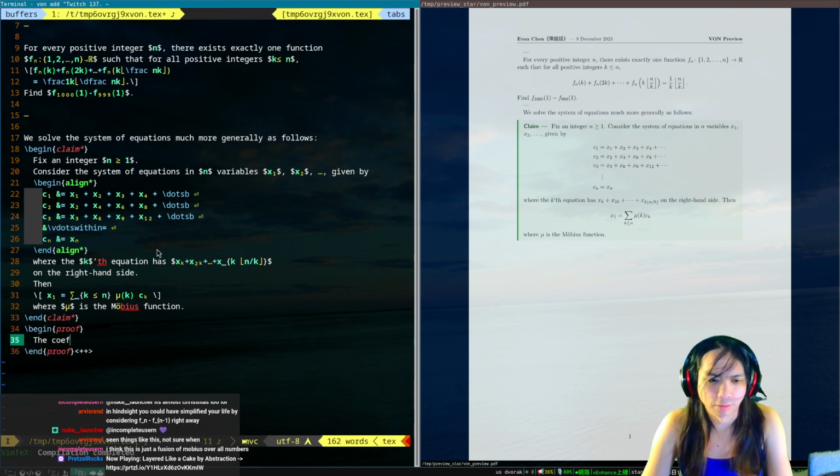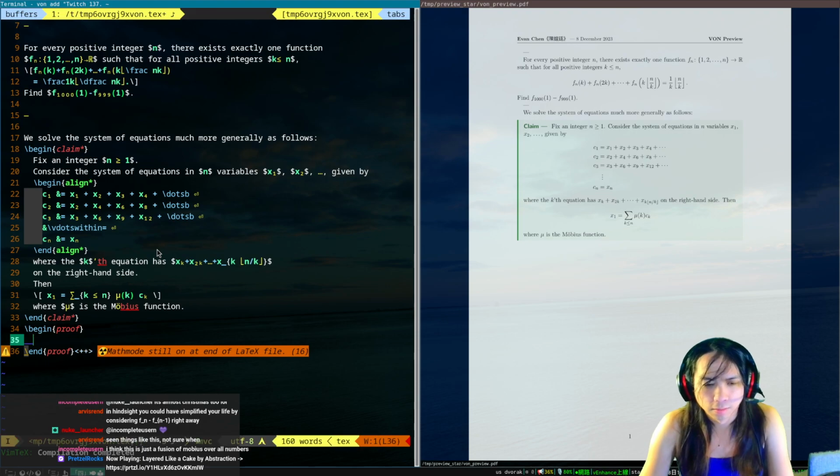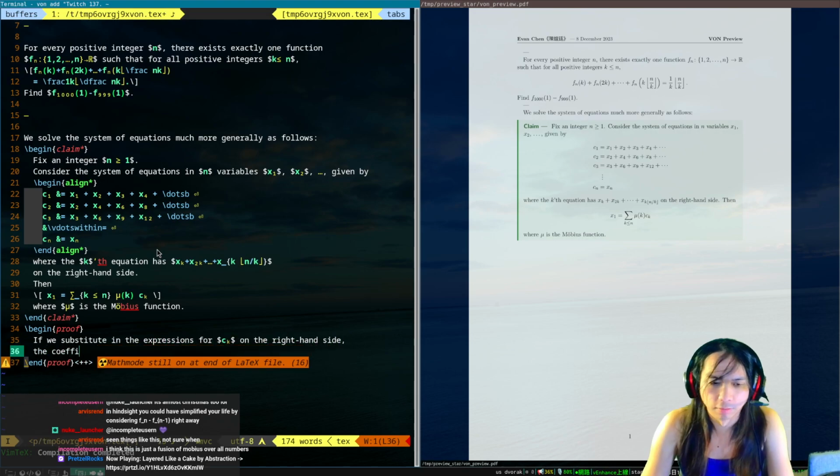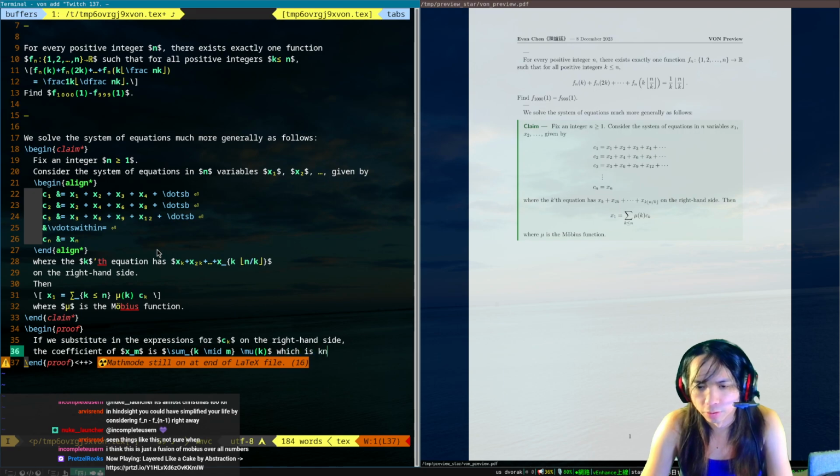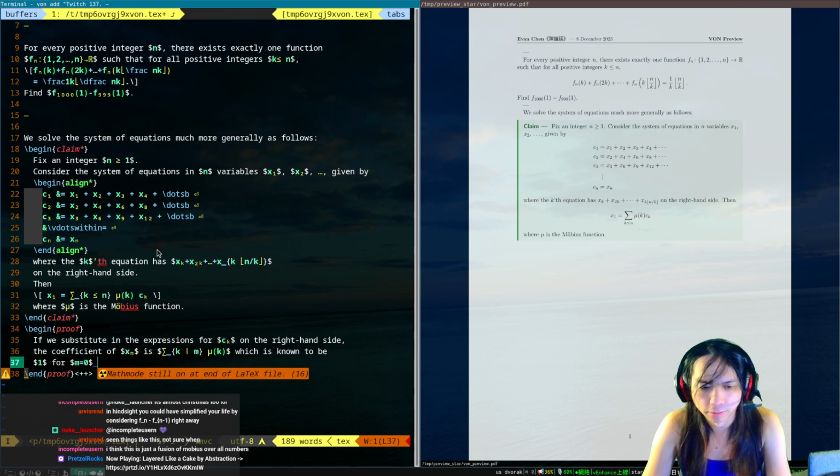And the proof is, if we substitute in the expressions for ck on the right hand side, the coefficient of xm is the sum over k dividing m of mu k, which is known to be 1 for m equals 1 and 0 otherwise.